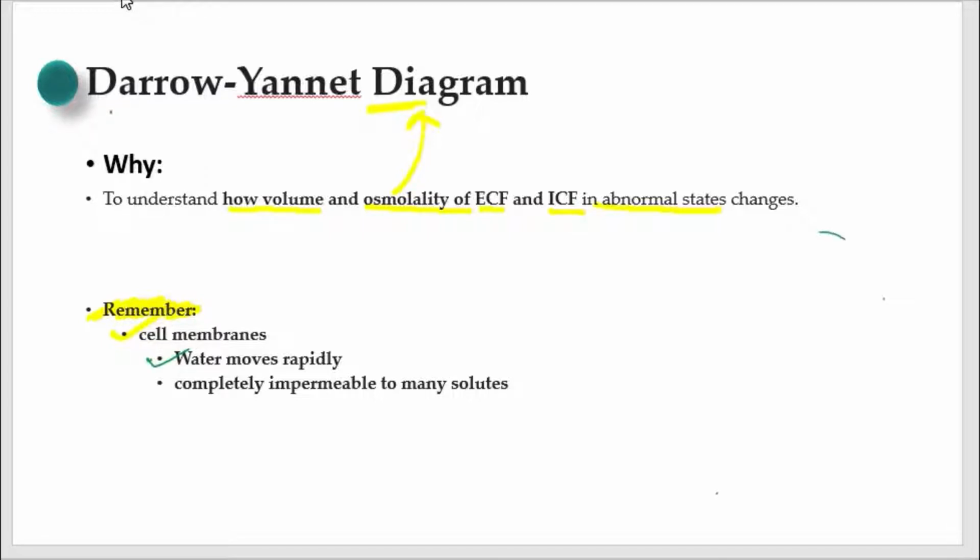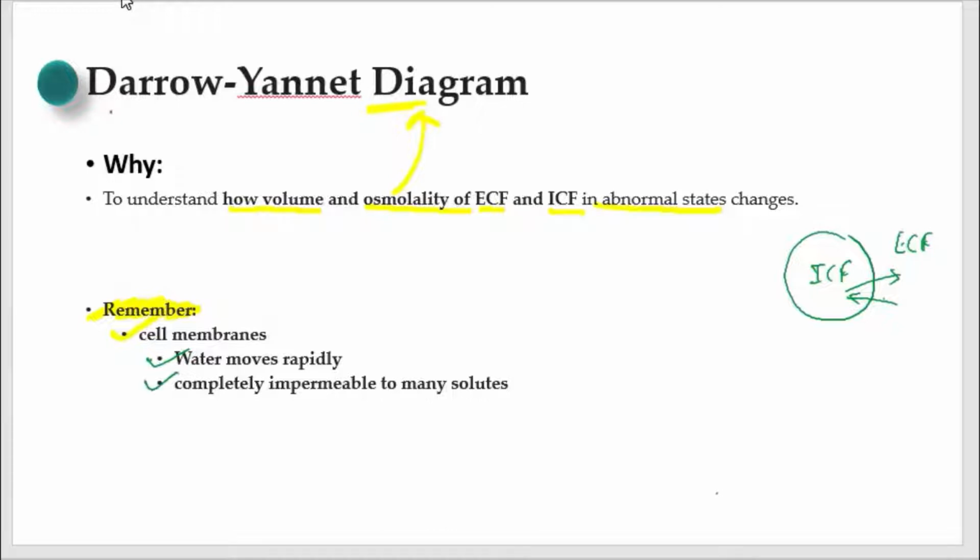Take the cell: this is the ICF, intracellular fluid, and there is the ECF, extracellular fluid, and water moves freely inside and outside across the cell membrane. This outflow or inflow will reflect in the volume. When the volume changes, it also impacts the osmolarity of these compartments.